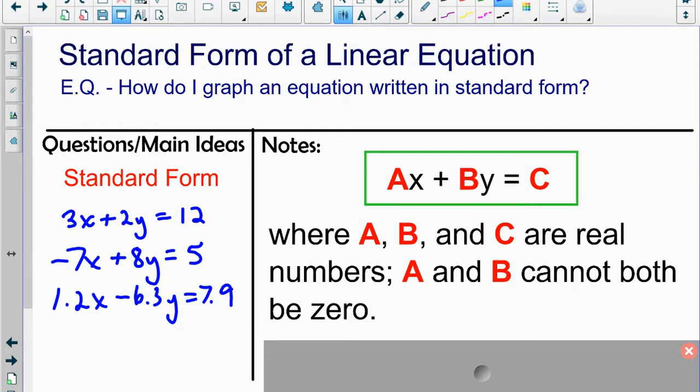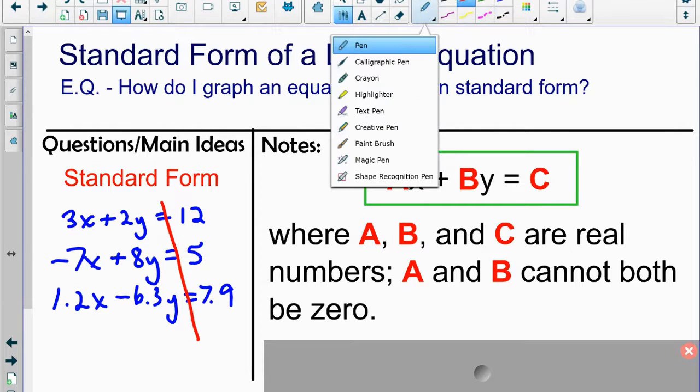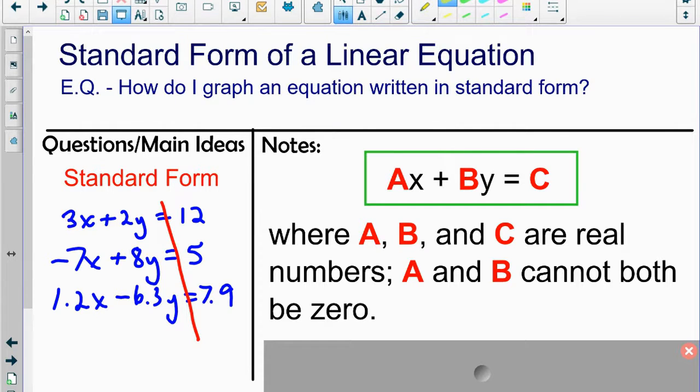Because decimals are still real numbers, you could even have fractions in the place of a, b, or c. The key is that as long as the variables are both on the same side of the equal sign, it's standard form. We have x and y on the left, x and y on the left, and x and y on the left side of the equal sign yet again. So all three of those equations are in standard form.